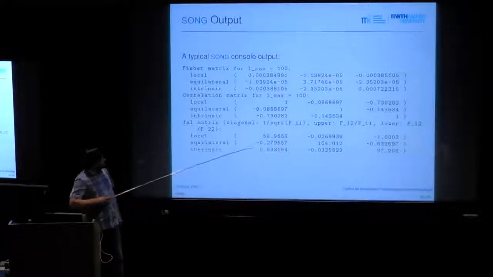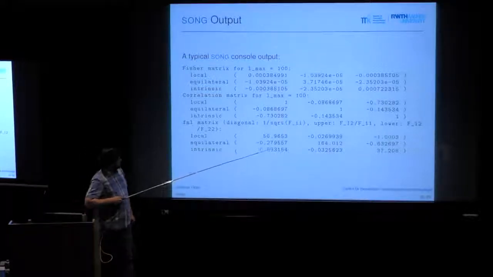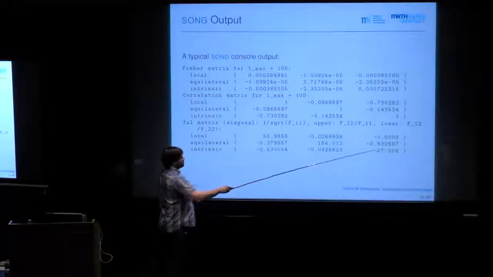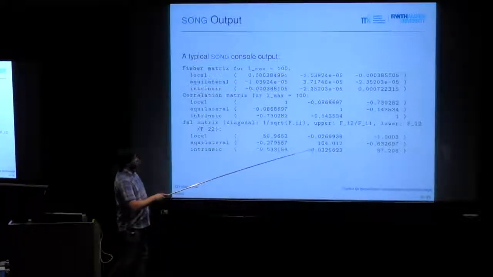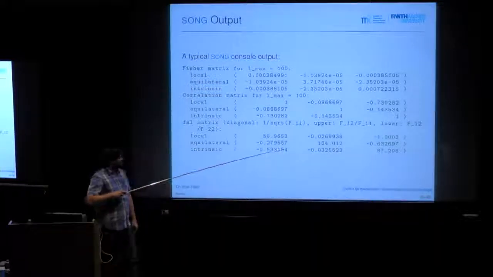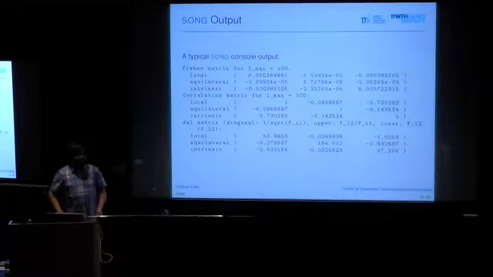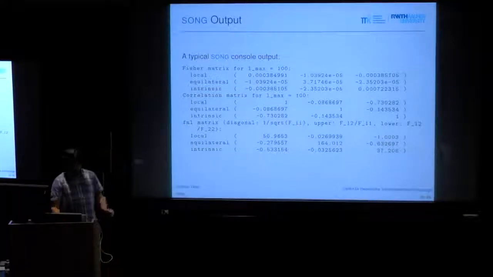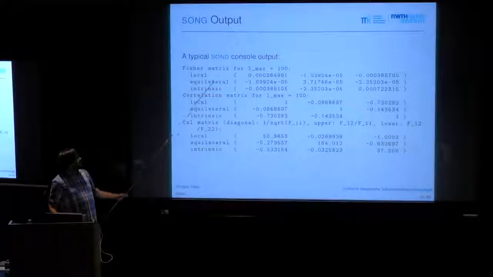So the important part of this matrix is really the lowest row, which tells you first, if you search for the intrinsic bispectrum, how much is it suppressed by the noise? And you want this to be smaller than 1 ideally. And then if I look for other templates, how much will they be biased by the presence of the intrinsic bispectrum? And this is how you read the output of the SONG code in this Fisher matrix here.